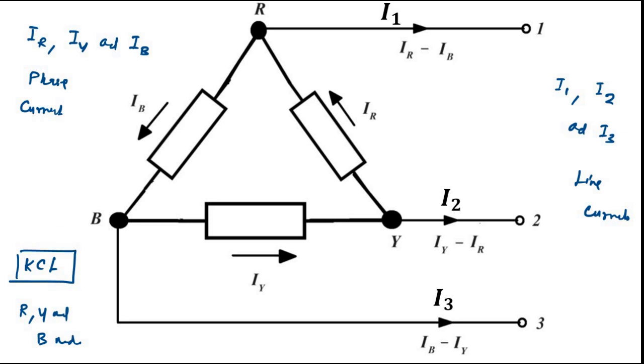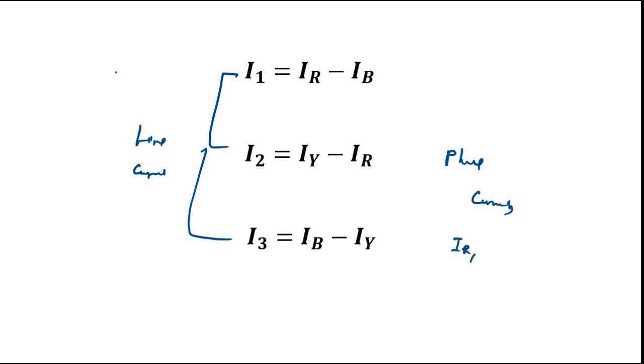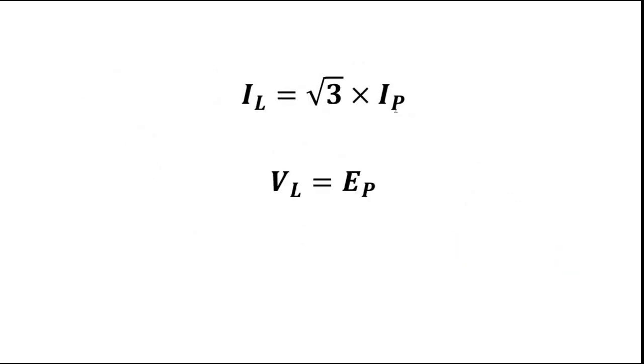So this is the representation of the line currents as the difference of the phase currents. And here the line current is equal to root 3 times the phase current. We will do the derivations later; here I am just giving the basic concepts.